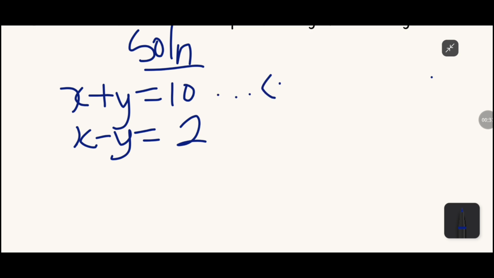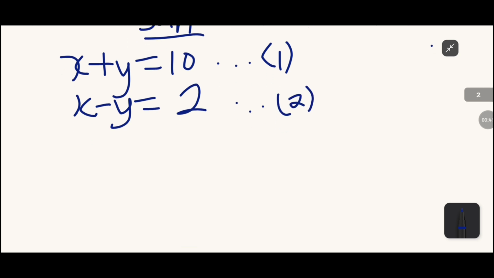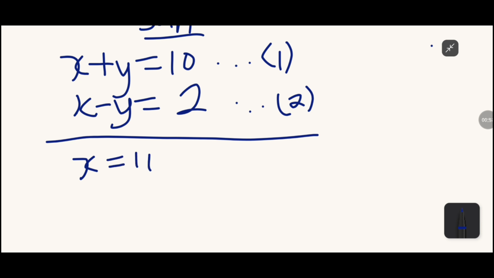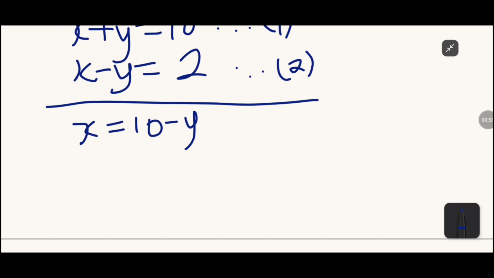So this is equation 1 and this is equation 2. Now we are going to make x the subject of the formula in equation 1. When we take y to the right hand side, we have x is equal to 10 minus y.